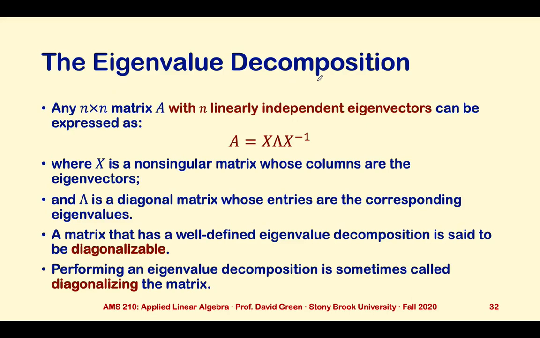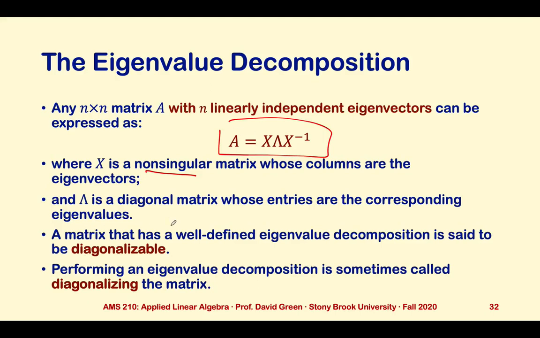So, to summarize our general eigenvalue decomposition, any n-square matrix A with n linearly independent eigenvectors can be expressed in this form, where X is non-singular with columns as eigenvectors, and lambda is a diagonal matrix with the eigenvalues. Any matrix that can be written in this way, we say is diagonalizable.